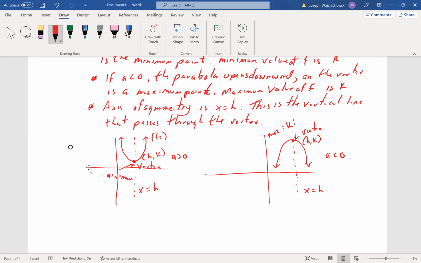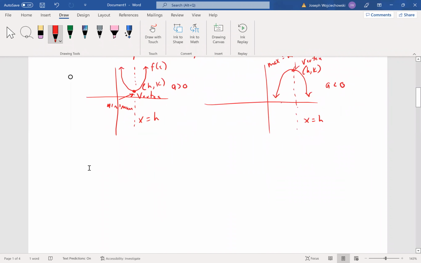So let's look at an actual function and see what we got going on here. So I have g of x equals x plus 2 squared minus 1. So first off, open up or down?